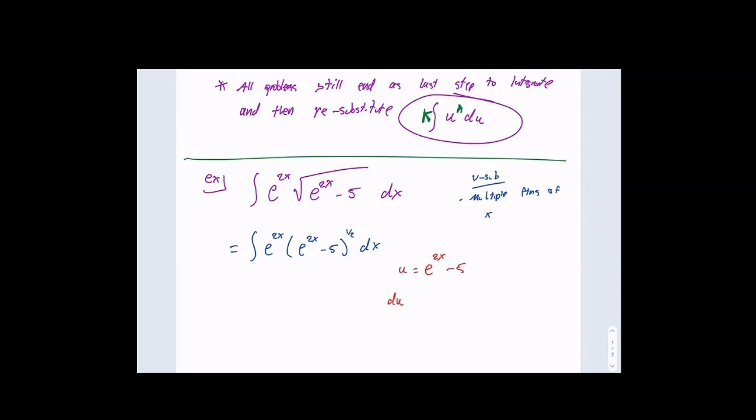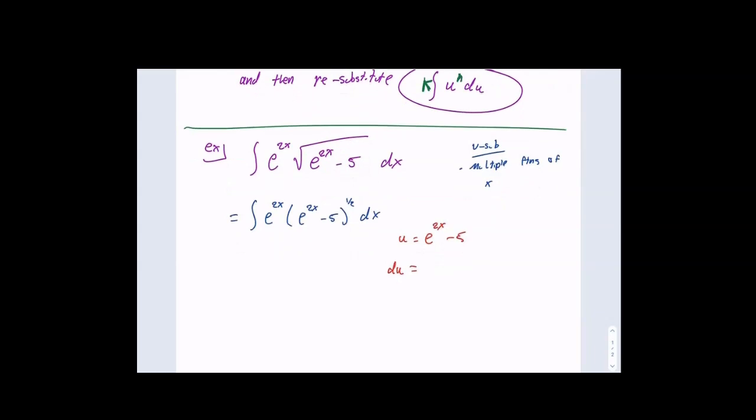And therefore, what's du? E to the 2x. What's du? E to the 2x dx. No.